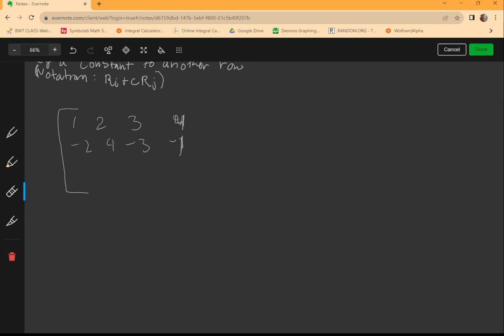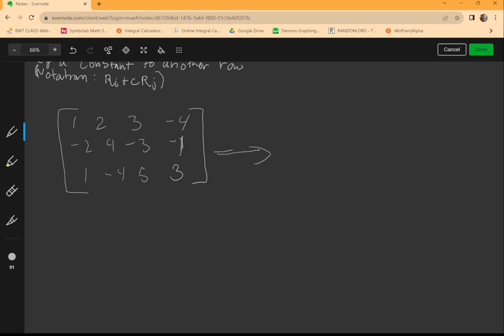Excuse me. All right, and then our last row, we'll call it 1, -4, 5, 3. Okay, just a matrix I made up here to illustrate the row operations.